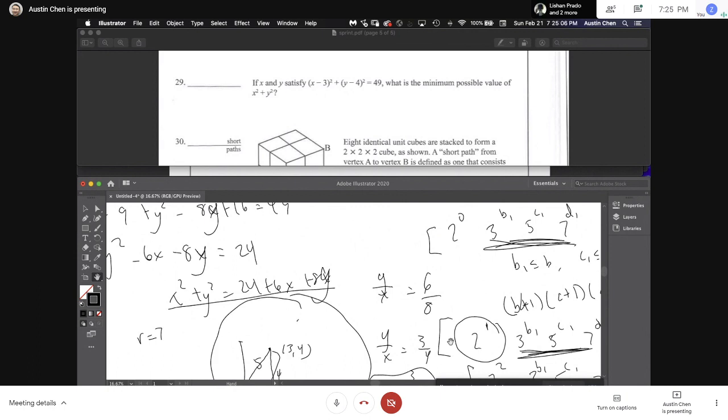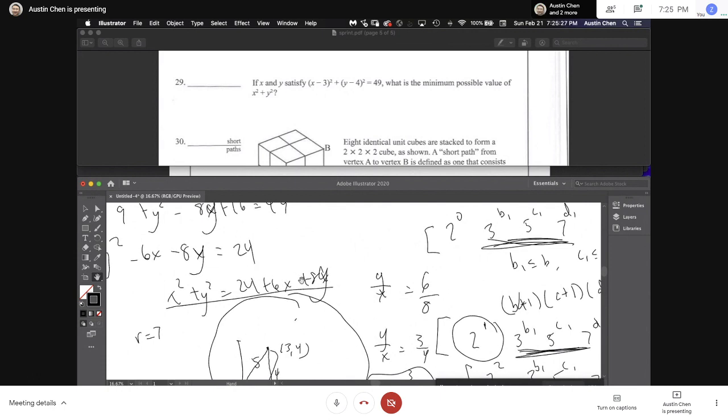Well, if you're trying to minimize it, y over x... But the weird thing is, you're trying to minimize 6x plus 8y, but your x and y still have to satisfy this expression.